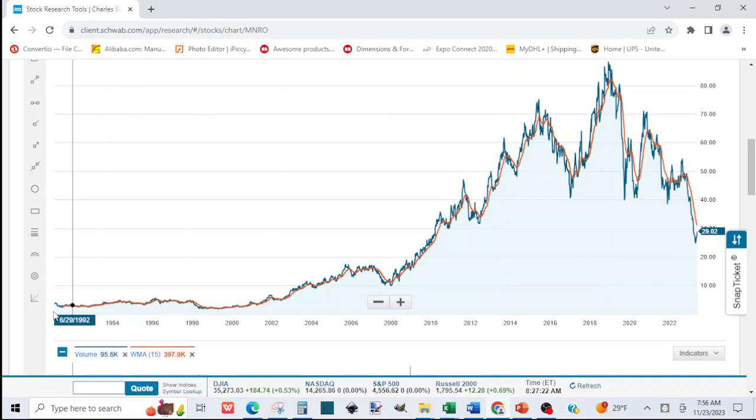So now when you put your mouse at the start of the chart, you will see the price is 3.78, and now where the blue price is 29.02. So at the beginning it was selling at $3, now at 29. So there is a growth to it.